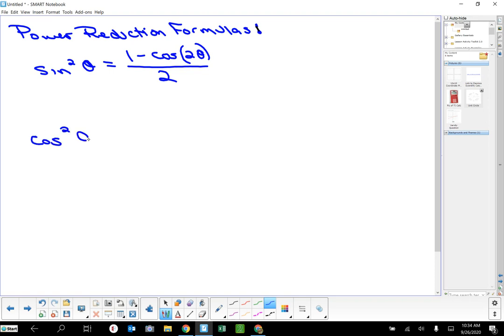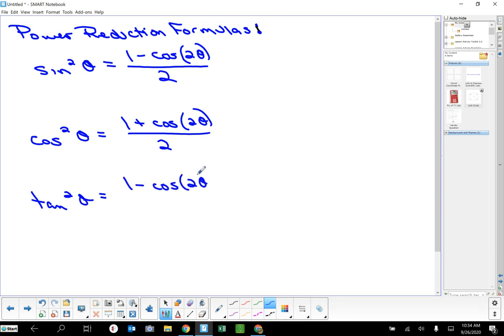Cosine squared theta is 1 plus cosine of 2 theta over 2, and tangent squared theta is 1 minus cosine of 2 theta over 1 plus cosine of 2 theta. Okay, so there's your 3 power reduction formulas. Let's see how we can utilize those.